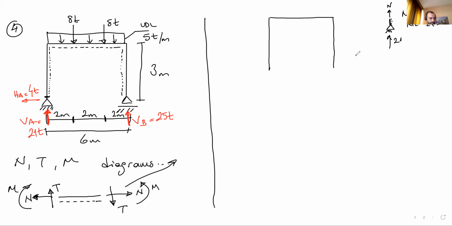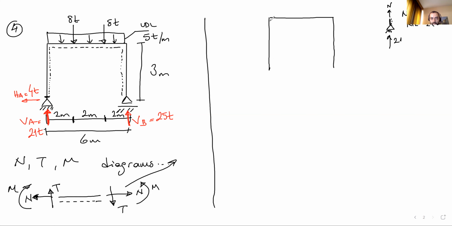That's why there is a big difference. If you can't decide the sign of the force, cut the system and write the equation. It doesn't take time. It takes 5 seconds maximum. That's why here we have minus 21 on this column.